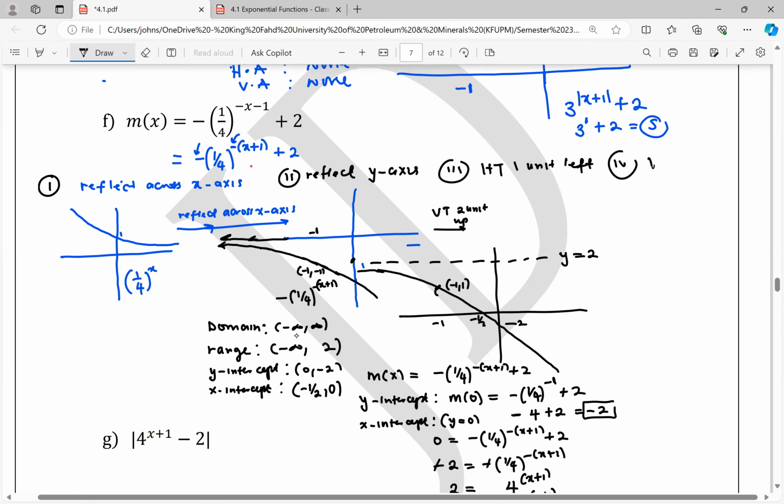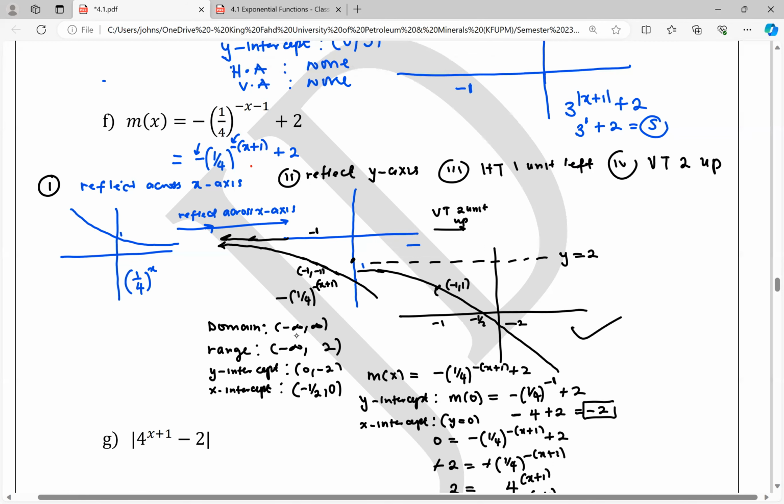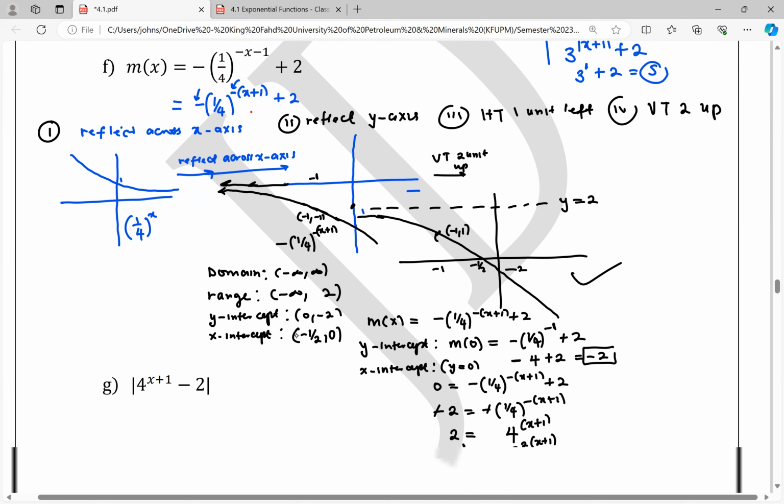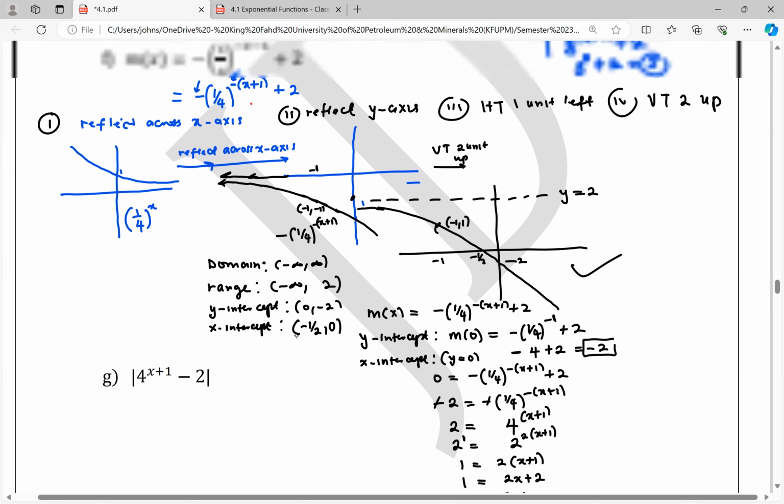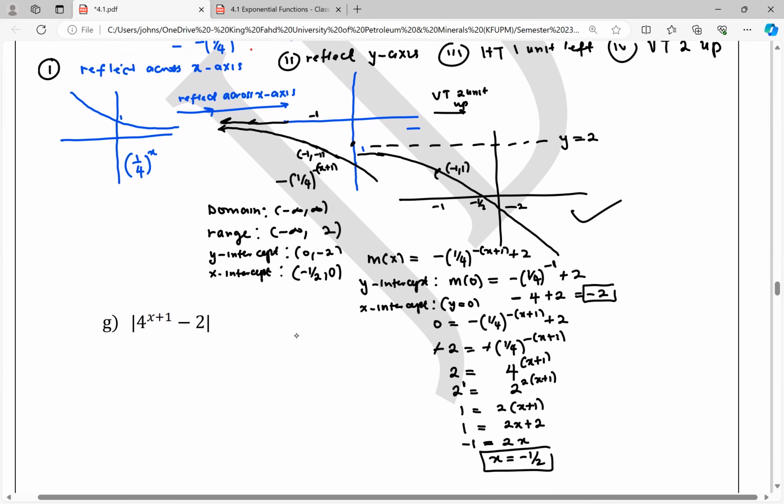Then finally, you do a vertical translation 2 units up. So these 4 steps should give you this graph. And then you can find the intercepts. Don't worry about the intercepts, just know the shape first. Then you can worry about the intercepts by using our definitions. For the y-intercept, just put x to be 0. For the x-intercept, put y to be 0 and try to solve.